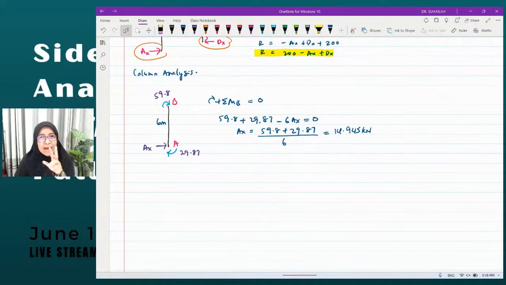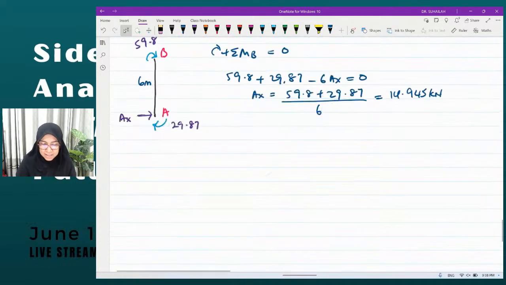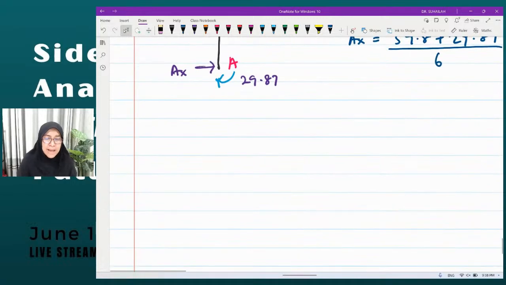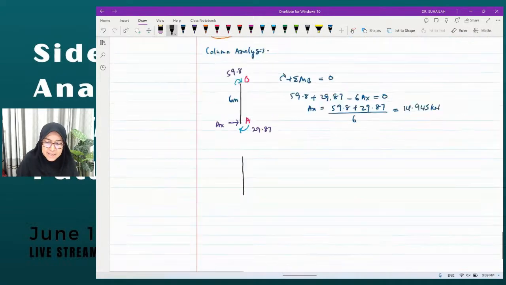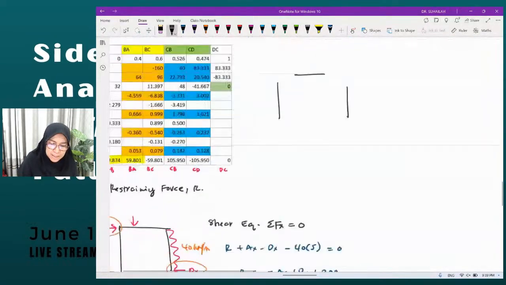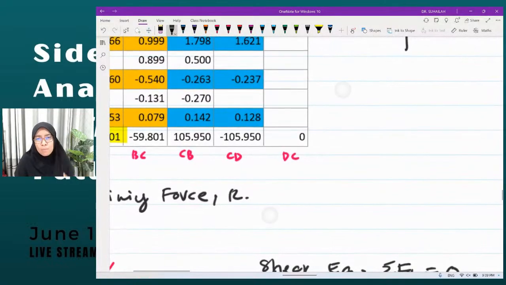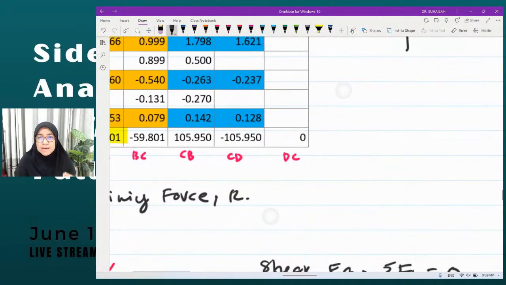Okay, we have two column analyses. This is for AB and we have to do the same for CD in order to calculate DX. So we extract CD. At CD, look at the table. For CD, we only have moment at C. Moment at D is 0.